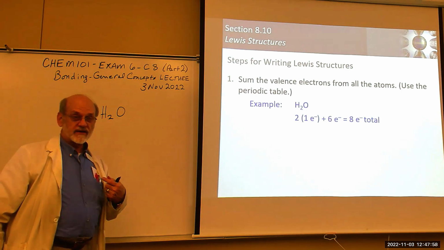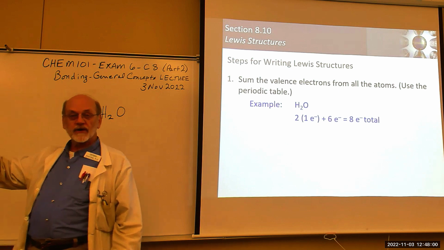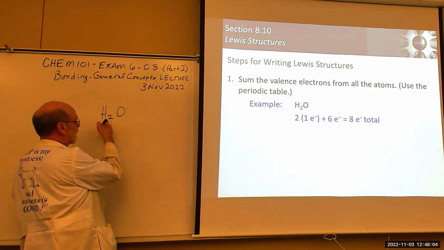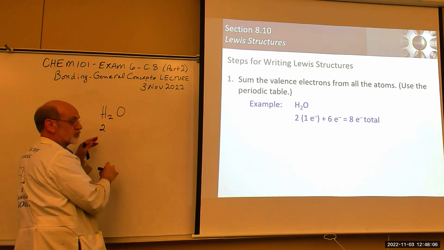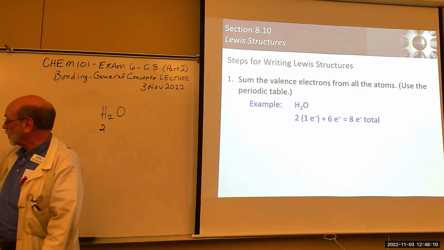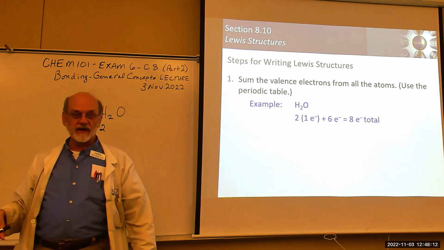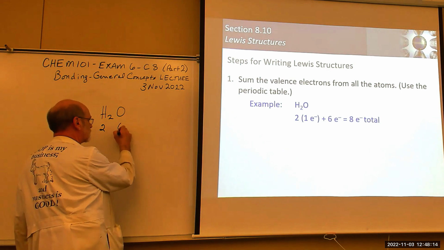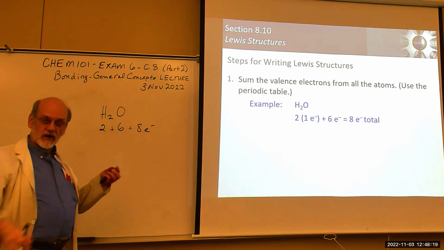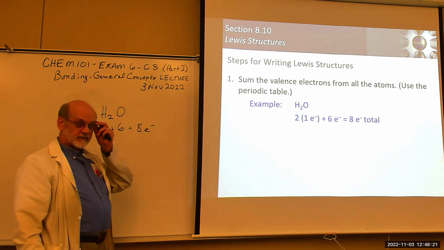And the best way to do that is just say, how far is it from the left? Hydrogen's in that first column, so it has 1 times 2 is 2 valence electrons. And oxygen, you count over, oxygen is 6 over from the left. So it has 6 valence electrons. Okay, so we're talking about 8 valence electrons for this molecule.